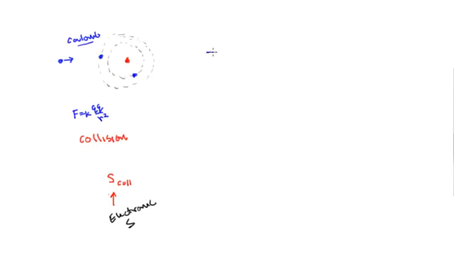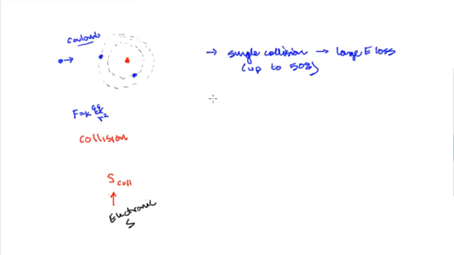There are a couple of things to note here, factoids. First of all, single collisions can sometimes impart a lot of energy if they're a head-on billiard ball type collision. This can be up to 50% of the energy. Second, this collisional stopping power depends on the number of electrons per unit gram.